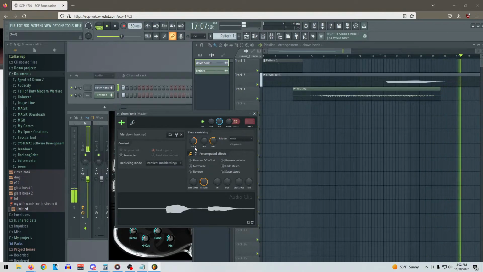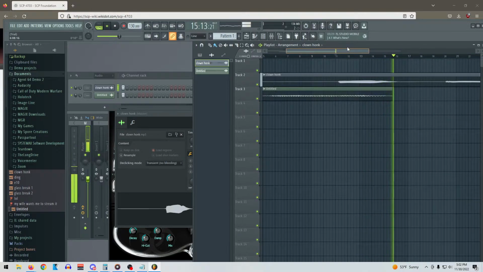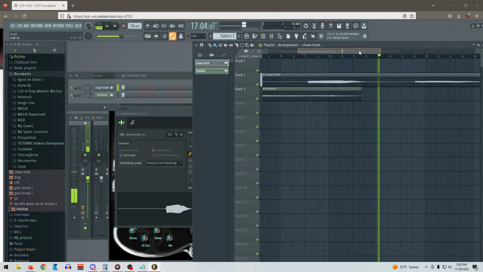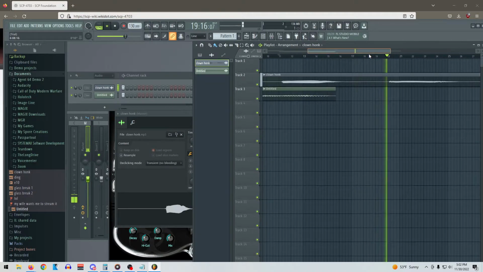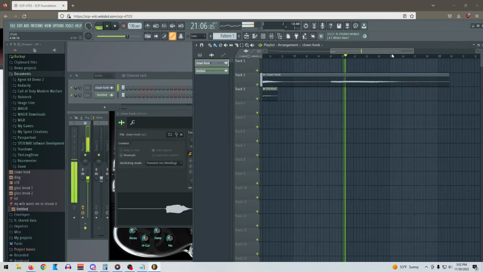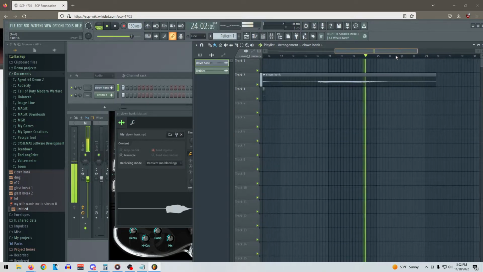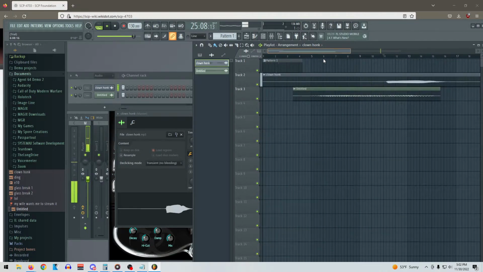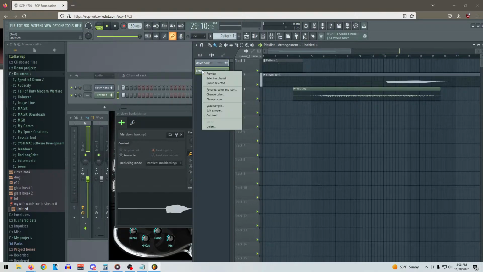This is a clown horn. It's actually kind of horrifying. It's great, I love that. Let's bring it down a bit in the mix. All right, now.